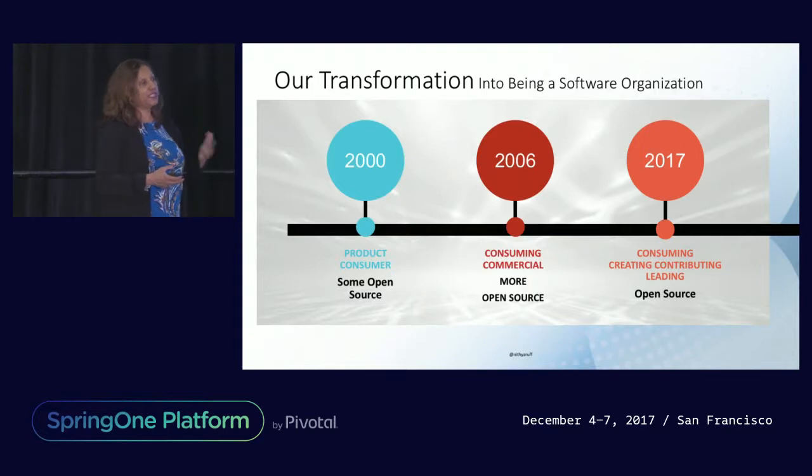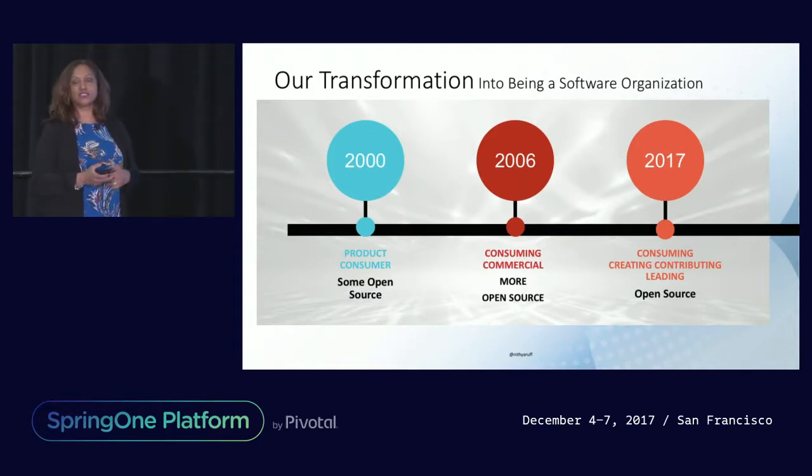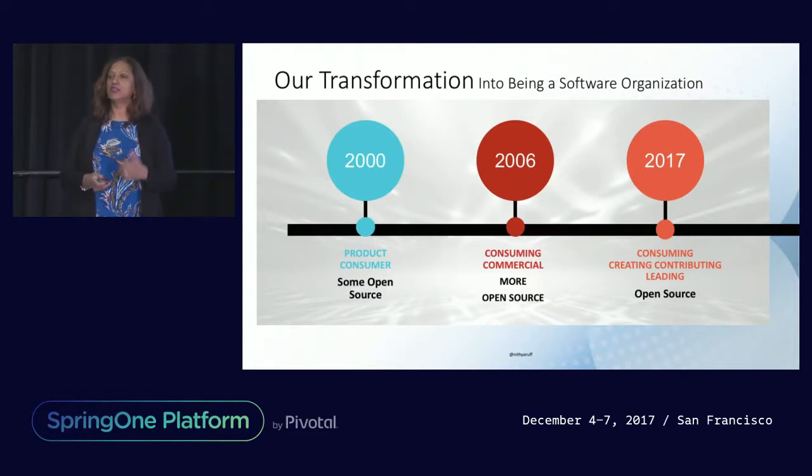For example, the Apache Traffic Control Server, which is a CDN, content distribution network project, was started by Comcast, completely open sourced as an incubation project under the Apache Foundation. And there are numerous contributors here in the room who have contributed to Spring One and to Cloud Foundry from the company. And Shilla will explain more where you can learn more about some of the contributions we have made.